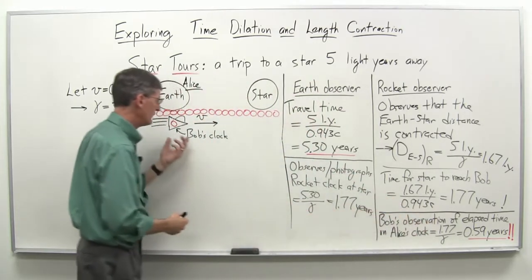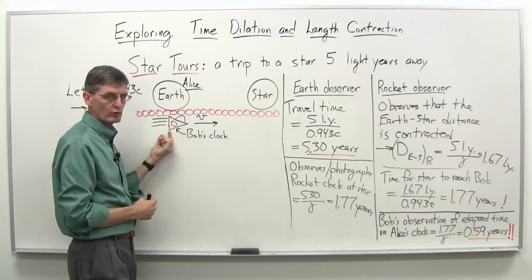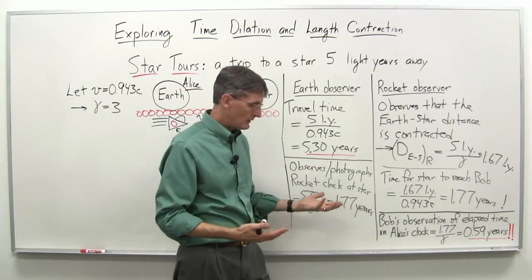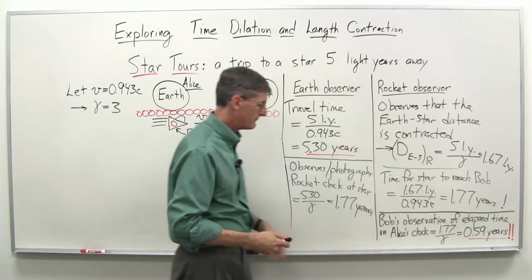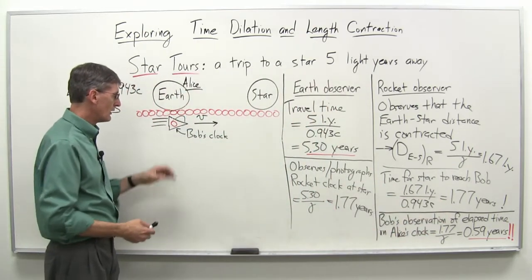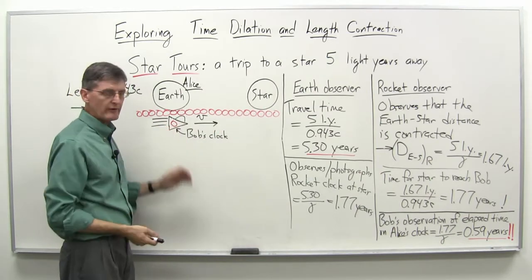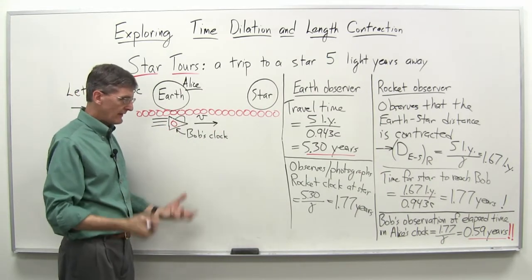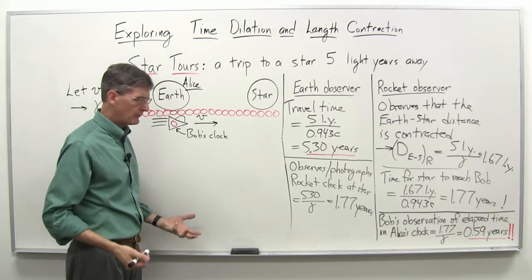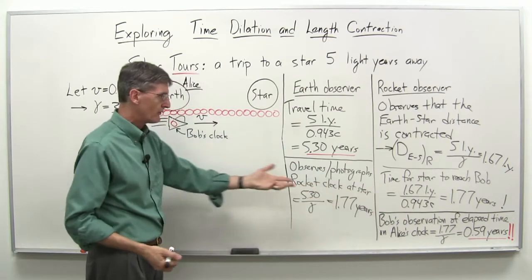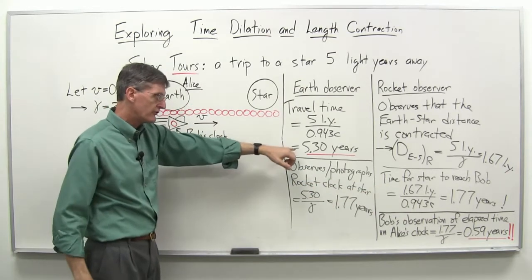That's the elapsed time he sees on his clock as the star rushes towards him, divided by the gamma factor. So he sees the elapsed time on Alice's clocks from when Earth was next to him to when the star goes by as 0.59 years. And that's the big puzzle then, or was the big puzzle, because we say 0.59 years, that's what Bob sees Alice's elapsed time being. Alice is seeing 5.3 years.